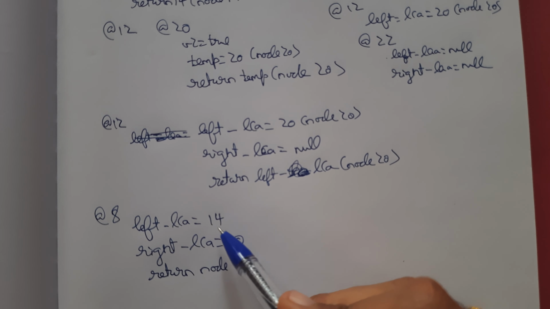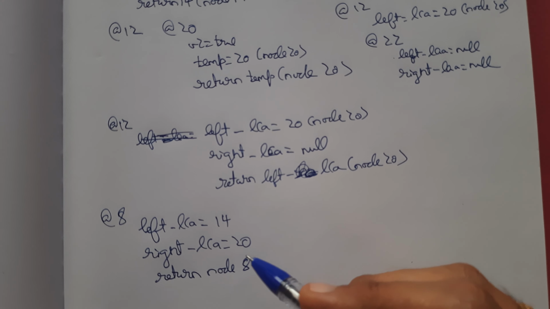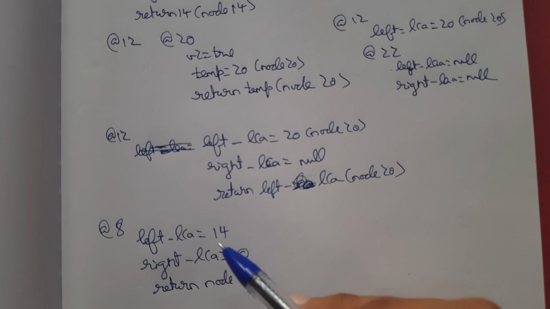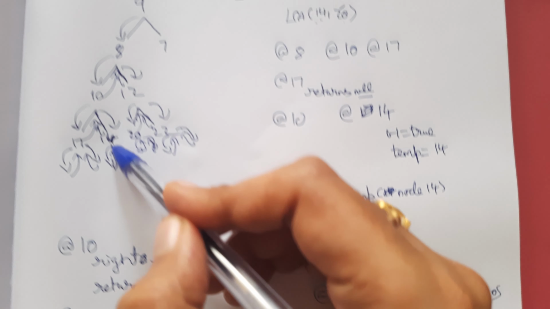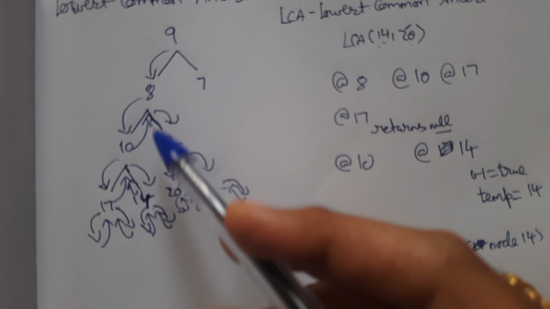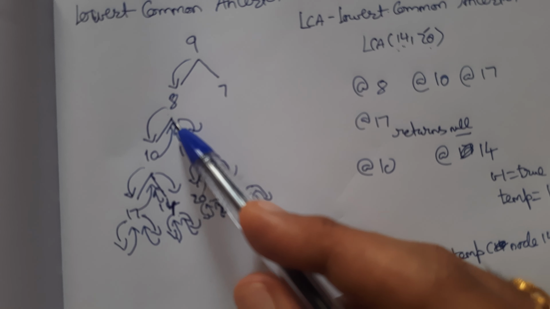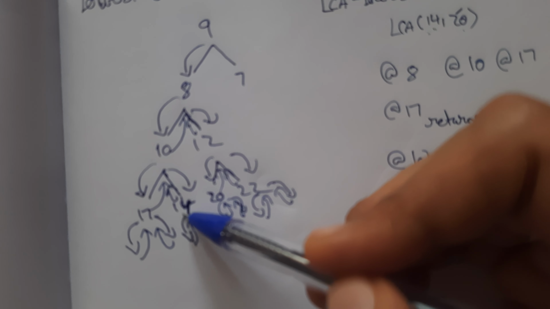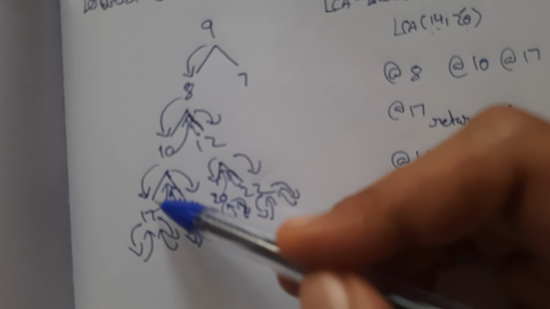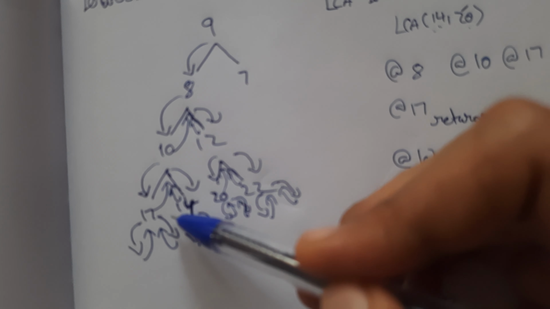This means that node 8 will be the lowest common ancestor of nodes 14 and 20, because 14 here is present below 8 and 20 here is also present below 8, and the values of these nodes are returned to 8 using this recursion.